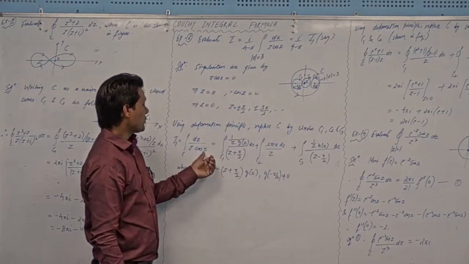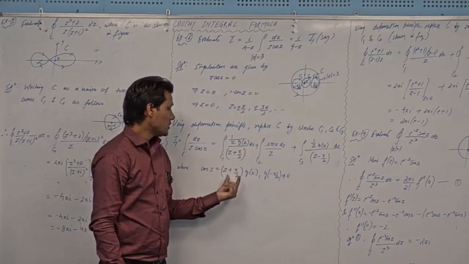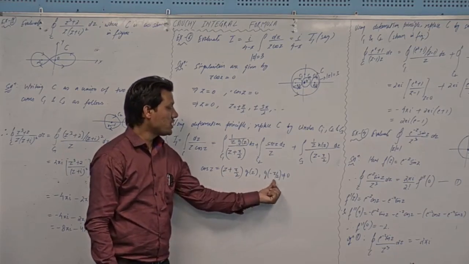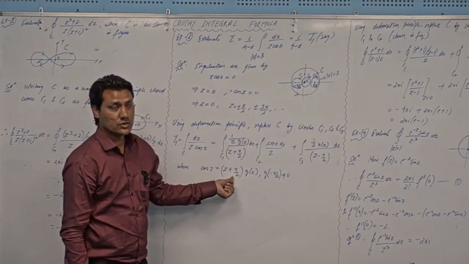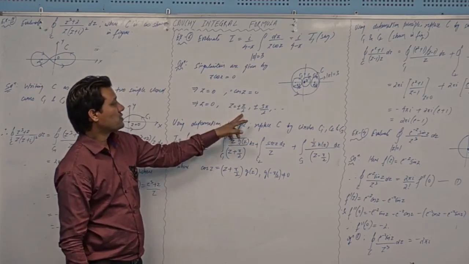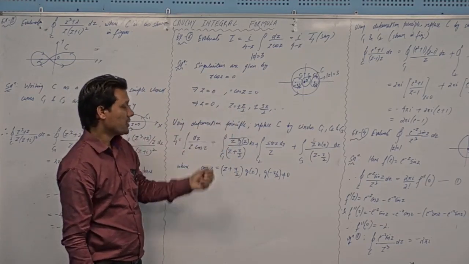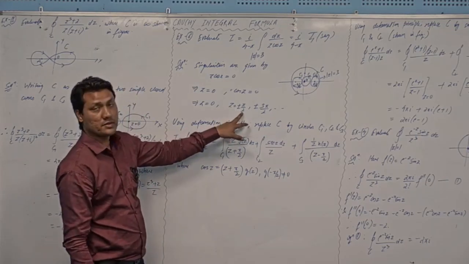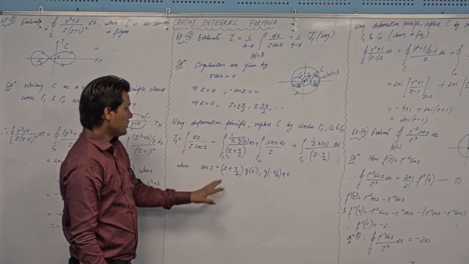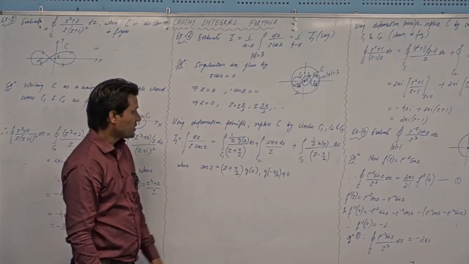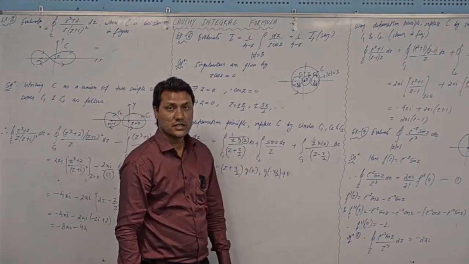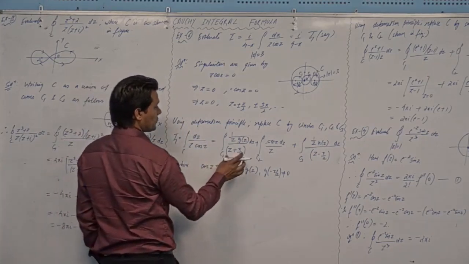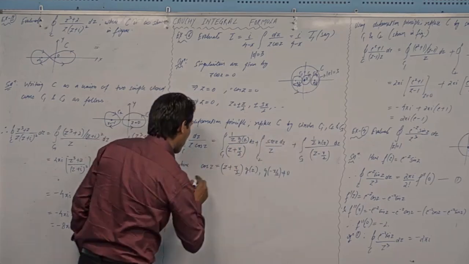Because you are assuming that cos z is actually equal to z plus pi by 2 multiplied by some function, and that function should not be equal to 0 at this point, minus pi by 2, because z equal to minus pi by 2 is a singularity of order 1. You can say that order 1, because we are obtaining z equal to minus pi by 2 from here, right? So this is a key point. And similarly for this thing, we will write that later. And what do I need? I will write that also.